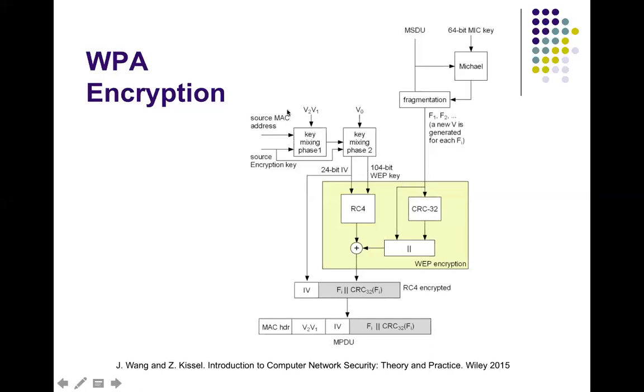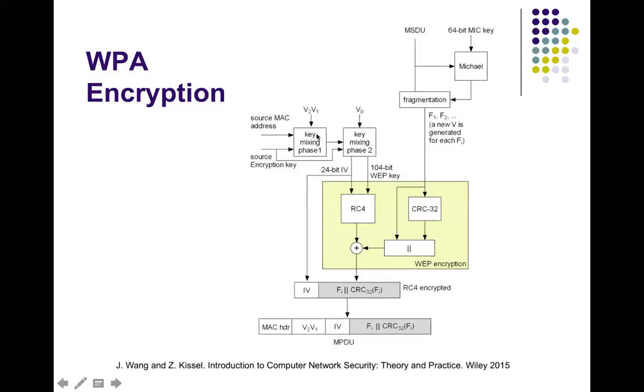Now the WEP key, or per-frame key, is derived through the mixing scheme we talked about earlier. So it has the source MAC address, and the source encryption key goes in. V2, V1, and V0 make up a 48-bit initial vector.